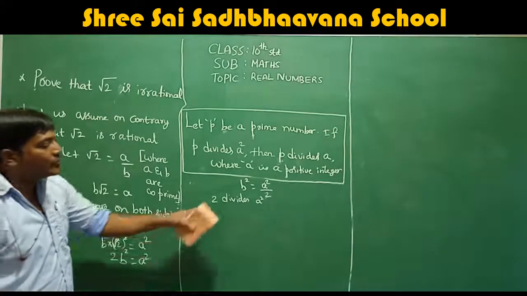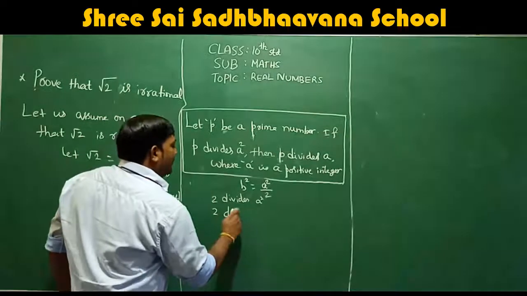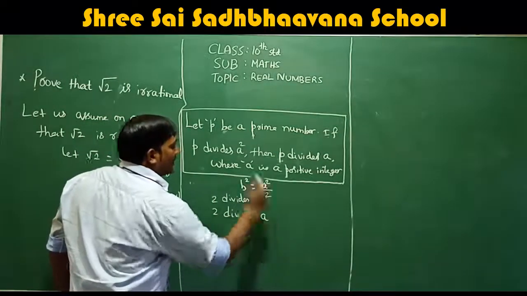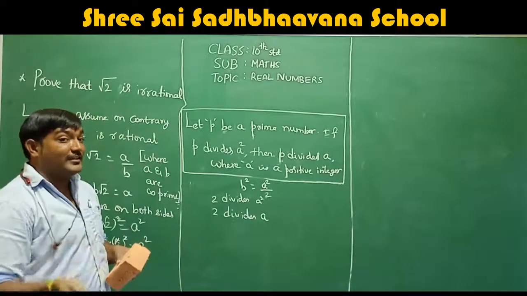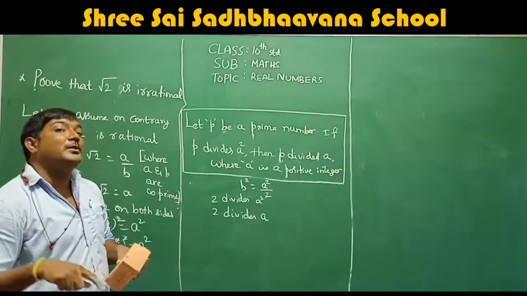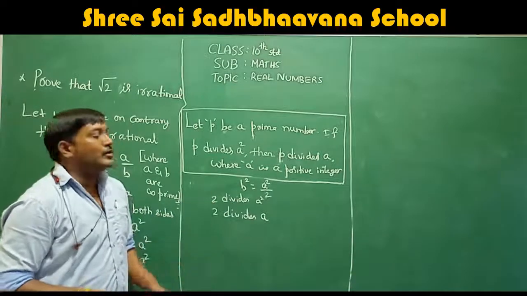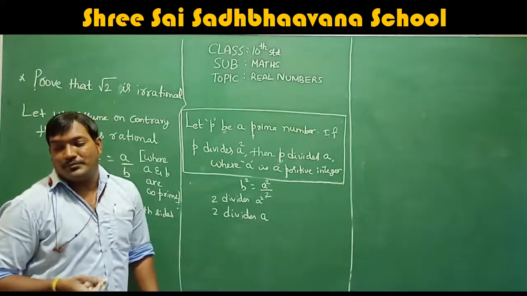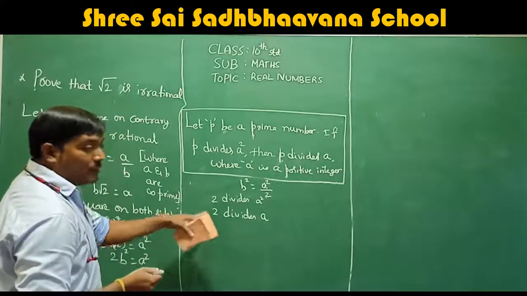If 2 divides a square, 2 divides a also, right? That is the theorem I explained. 64 is divisible by 8 also. Similarly, if 2 divides a square, 2 divides a also. Correct? I hope you understood this.